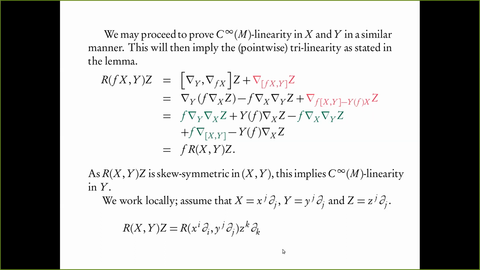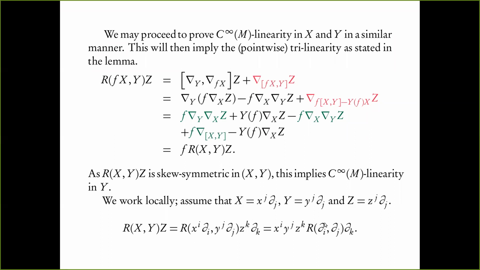So we have seen that it's C infinity M linear, which means what? Which means I can pull out the X^i's, Y^j's, and Z^k's and sum over. Right? So this is nothing but a big sum over i, j, k of X^i, Y^j, Z^k, times R of del i, del j, acting on del k.